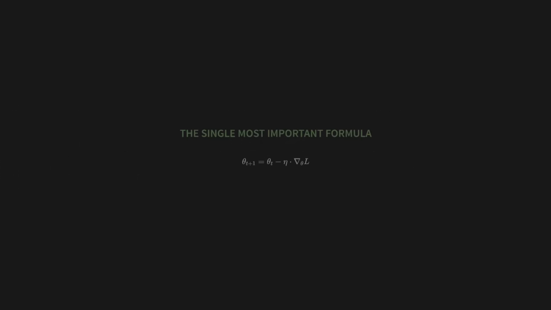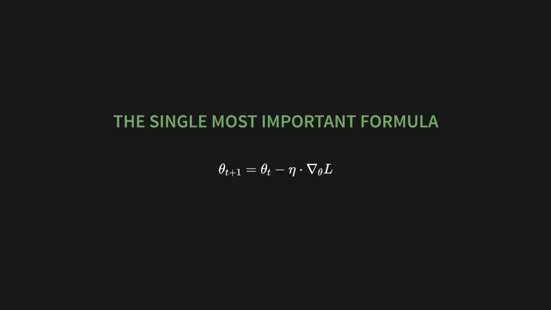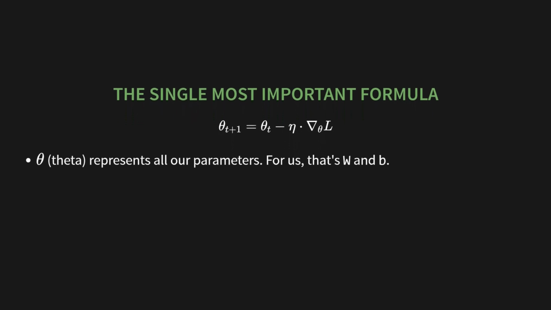This brings us to the single most important formula in all of deep learning. Let's look at it. Theta at time t plus 1 equals theta at time t minus eta times the gradient of L with respect to theta. Now that looks complicated, but it's actually super simple once you break it down. Okay, let's translate that. First, theta. That represents all our parameters.